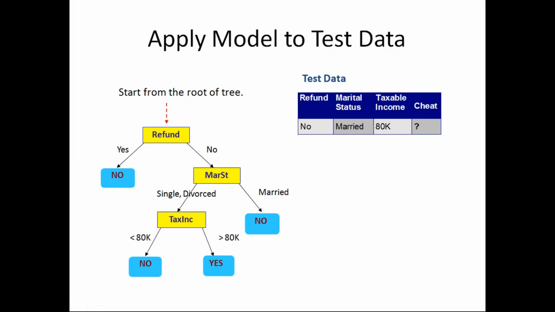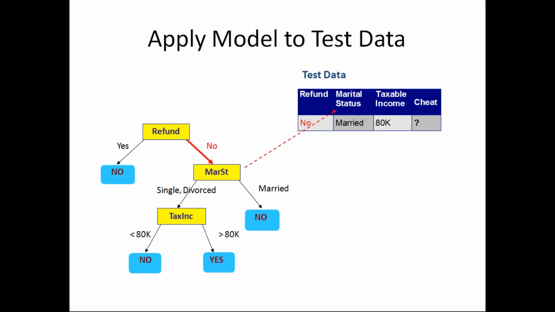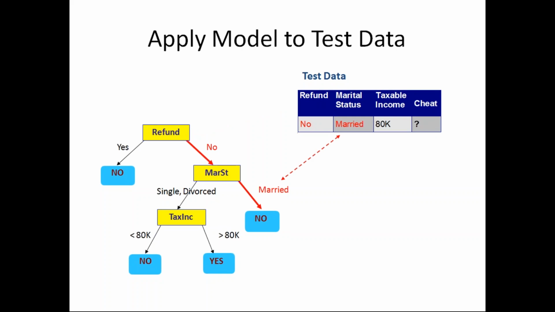This is your decision tree. You start from the root of the tree. First refund. In the test data, refund is no. Then it will come to marital status. What is marital status? Married. So it will come to no.